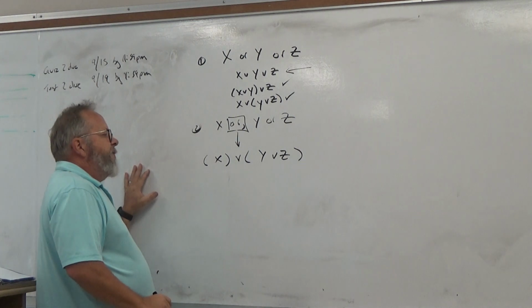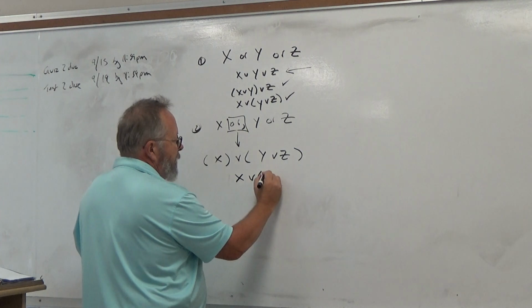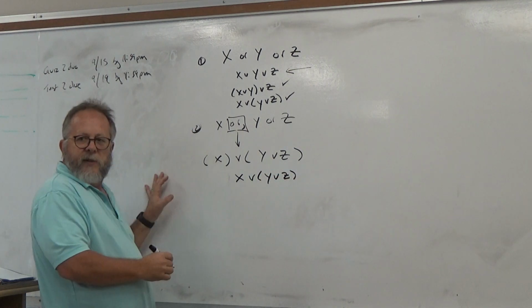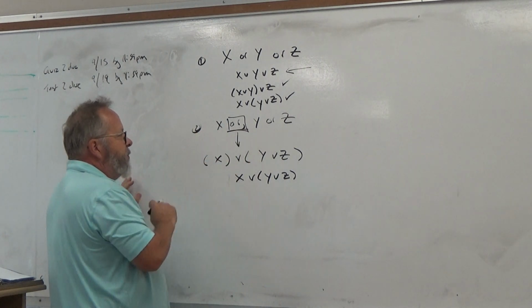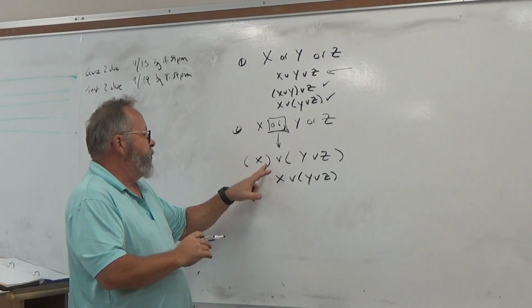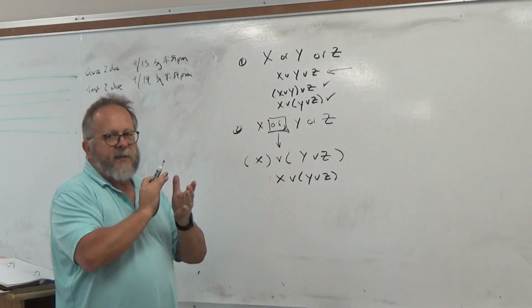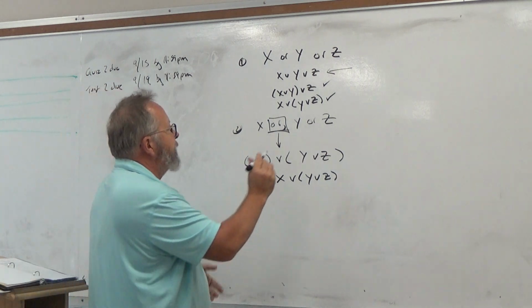Do I have extra parentheses? Yes. I could have written it like this, x or y or z. Does everybody see this? The operator paired with the punctuation mark tells us that's the main operator, and that's why I put up these parentheses to make sure that this or was the last operation performed. Okay?